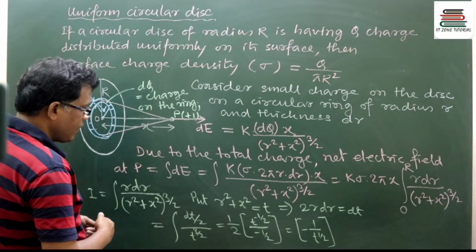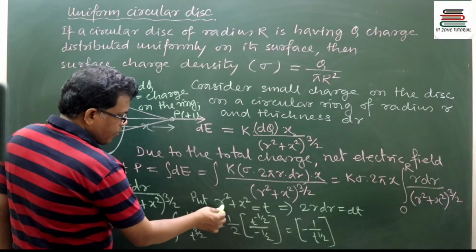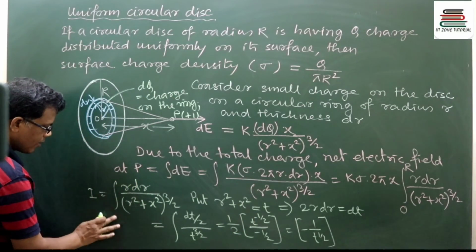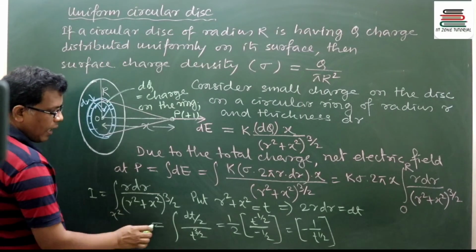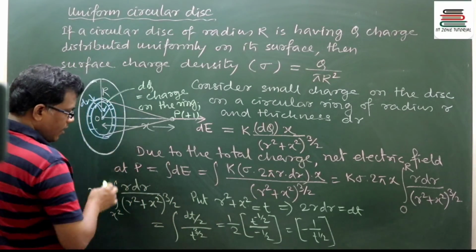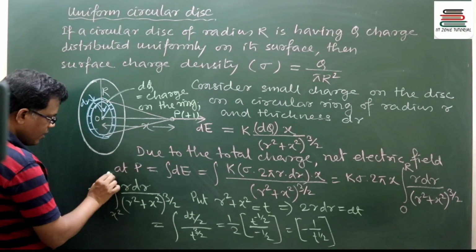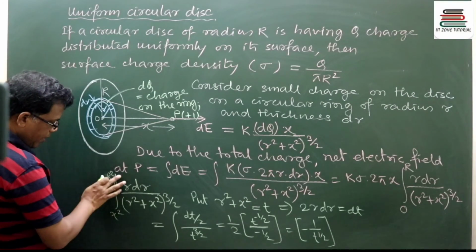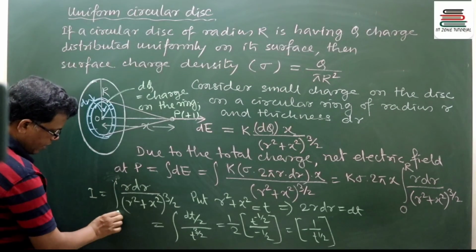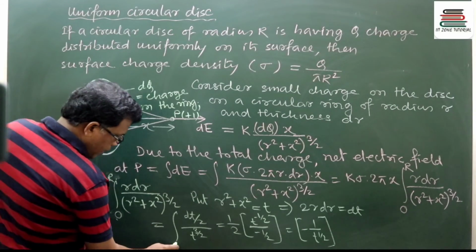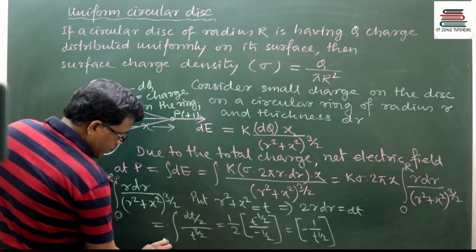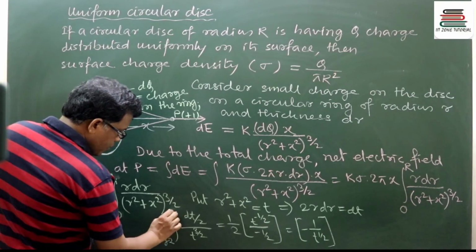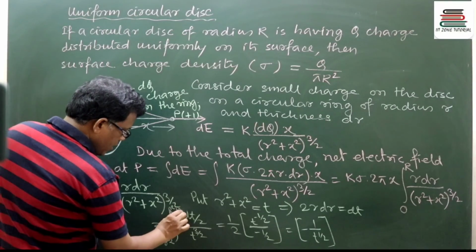You can change the limit: when small r is 0, t is x square, and when small r is capital R, t is capital R square plus x square. I should not write it here; it was 0 to R only. In this part it is small r square to, and here it is capital R square plus x square.